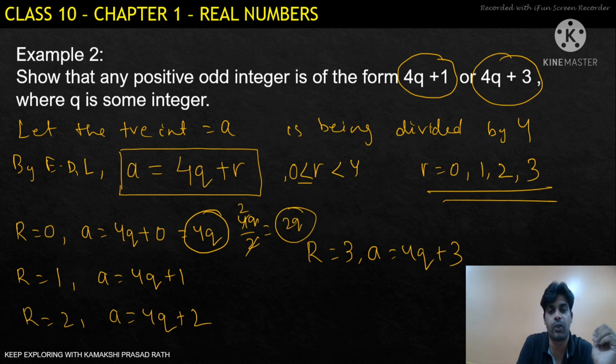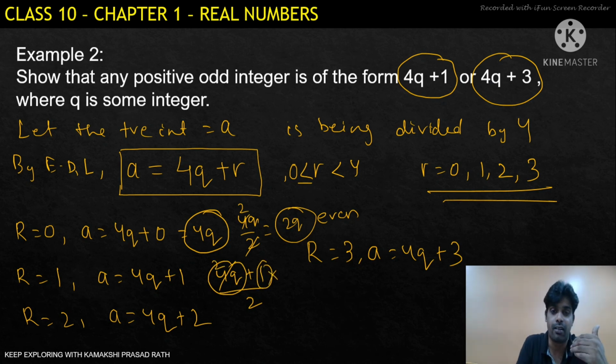Now 4q plus 1. When we divide 4q plus 1 by 2, this 4q will be divisible, but 1 will not be divisible because we get 1 by 2. So we are still left with 1 by 2. It will be written as 4q by 2 plus 1 by 2.